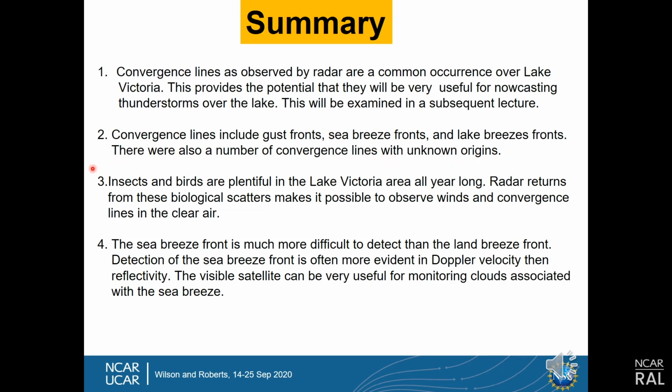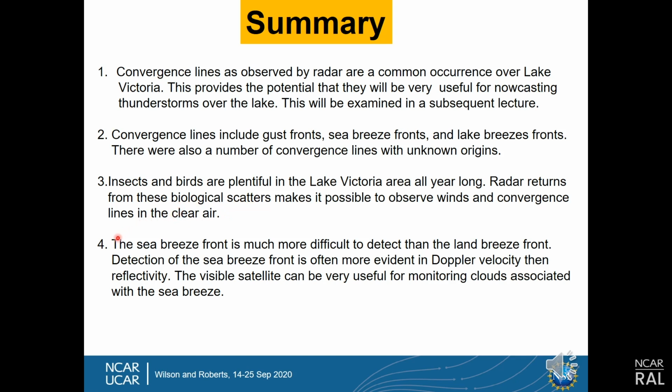Our third point was that insects and birds are very plentiful in the Lake Territory, and that's all year long. So the radar returns from biological scatterers make it possible to observe the winds and convergence in the clear air. We don't need precipitation, just the clear air.